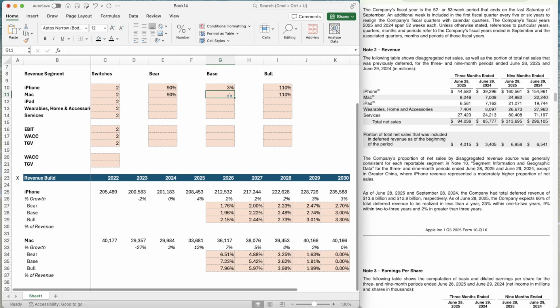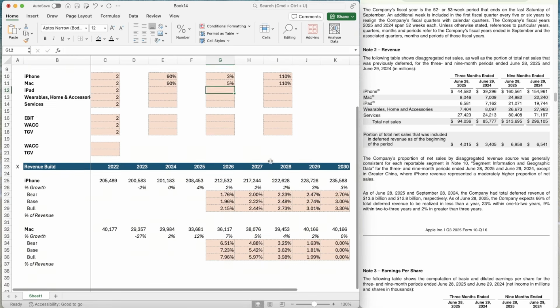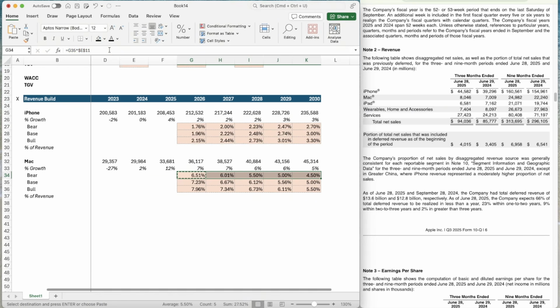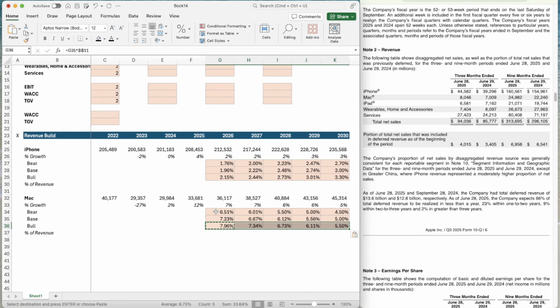Let's say that settles at 5%. What is it, G11? Yeah. And just change these to 11. Make sure you copy it over, otherwise it won't correspond with the correct switch. It will stay on this switch.